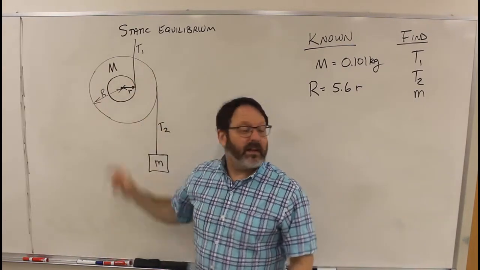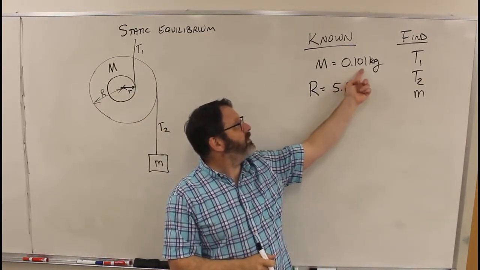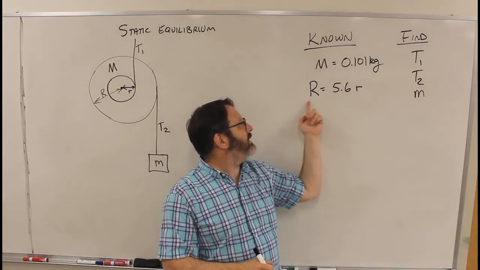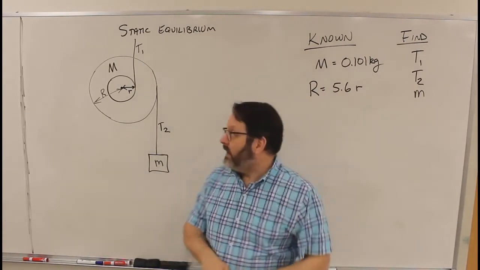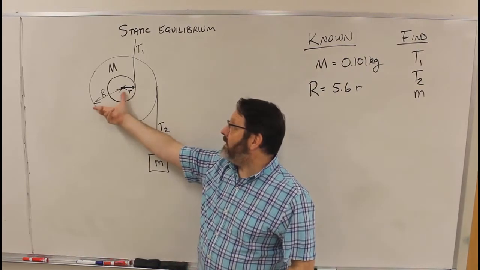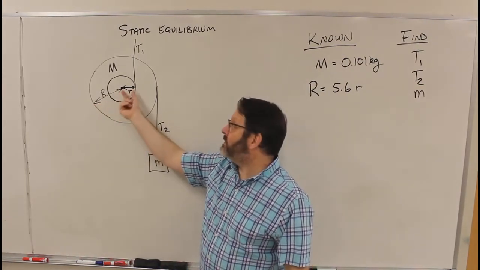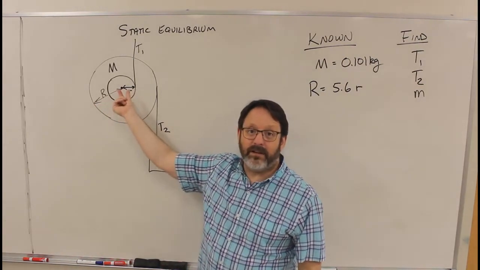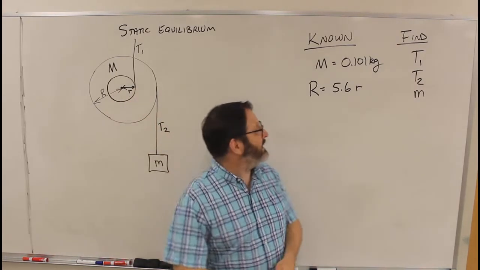This thing has a mass of 0.101 kilograms, and we know there are two R's, and the one labeled big R here is 5.6 times larger than the one labeled little r, but we don't know what either of them actually is.